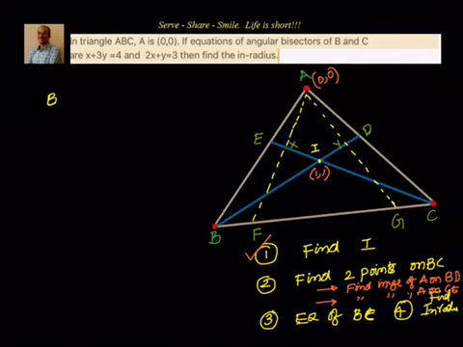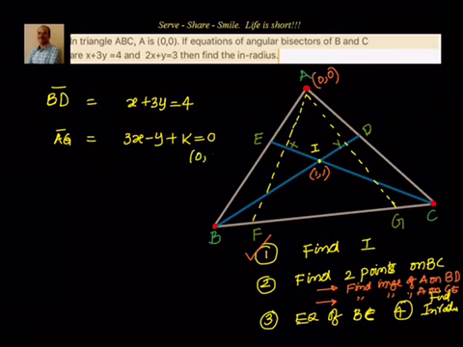The equation of BD is given by x plus 3y equal to 4. So BD perpendicular is AG, and the equation of AG, the perpendicular line, is given by 3x minus y plus k equal to 0. I hope you are okay with that. And AG should pass through 0 comma 0.